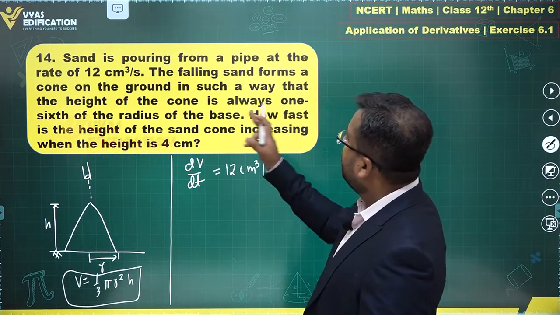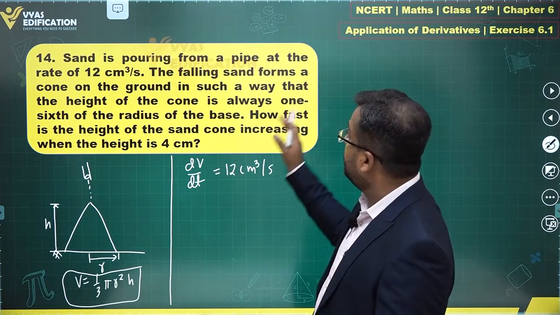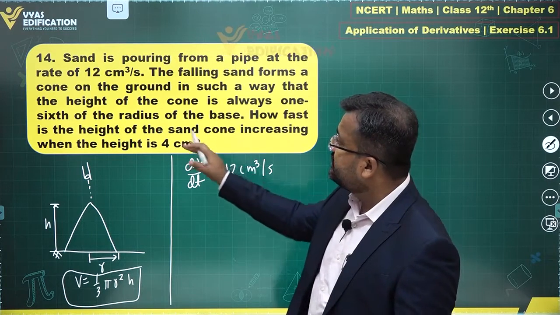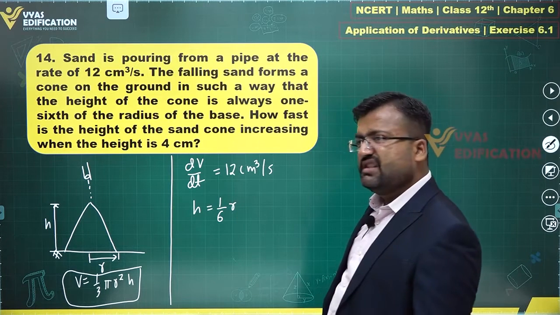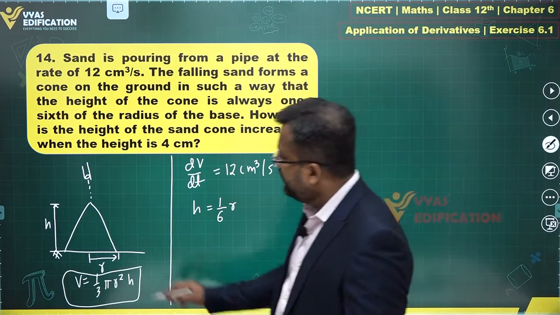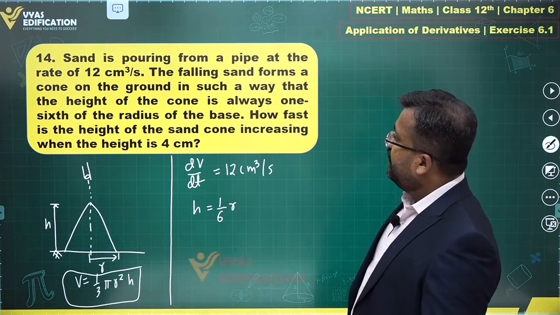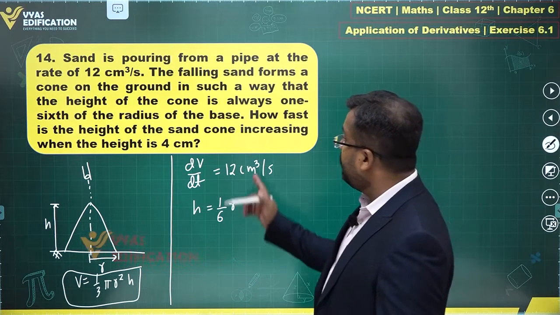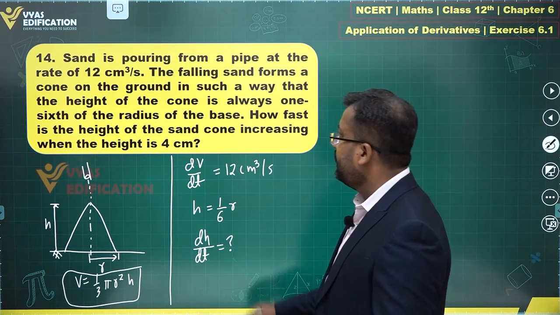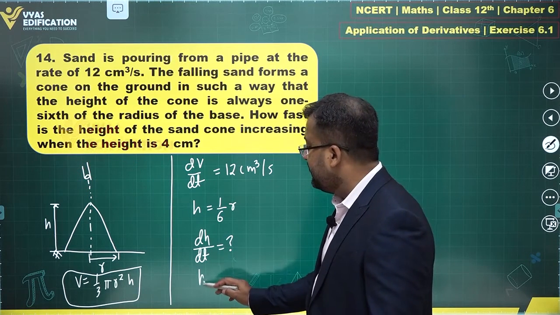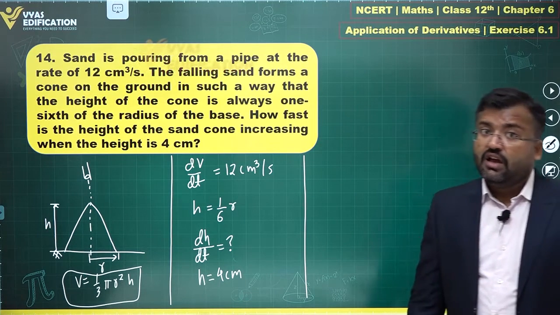The falling sand forms a cone on the ground in such a way that the height of the cone is always 1/6 of the radius. Height is 1 by 6 of the radius. This is also given, right? That's another relation given over here. Okay, what else? How fast is the height of the sand cone increasing? dh over dt is being asked. Okay, when the height is 4 centimeter.